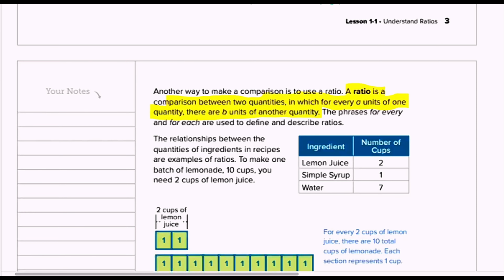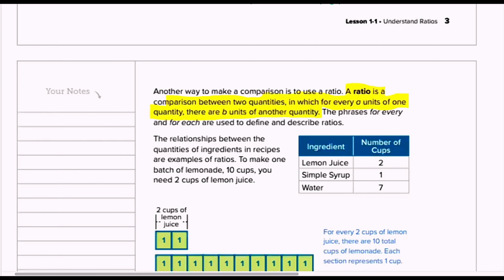That means if we have two quantities and each one of them belongs to one of the variables or phrases, we can write them as a ratio to compare those two numbers.